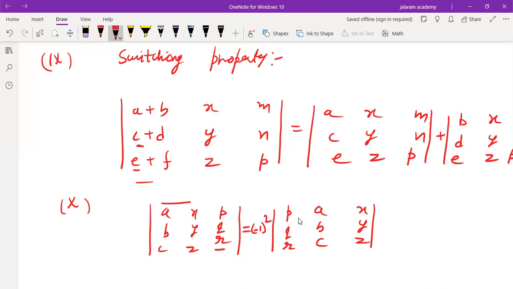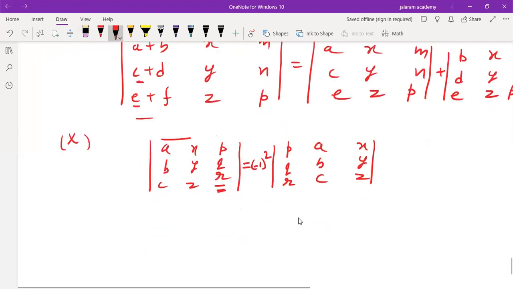Like in this, we have crossed this third column P, Q, R by 2 columns. So it is multiplied by minus 1 squared, and the value remains positive only.